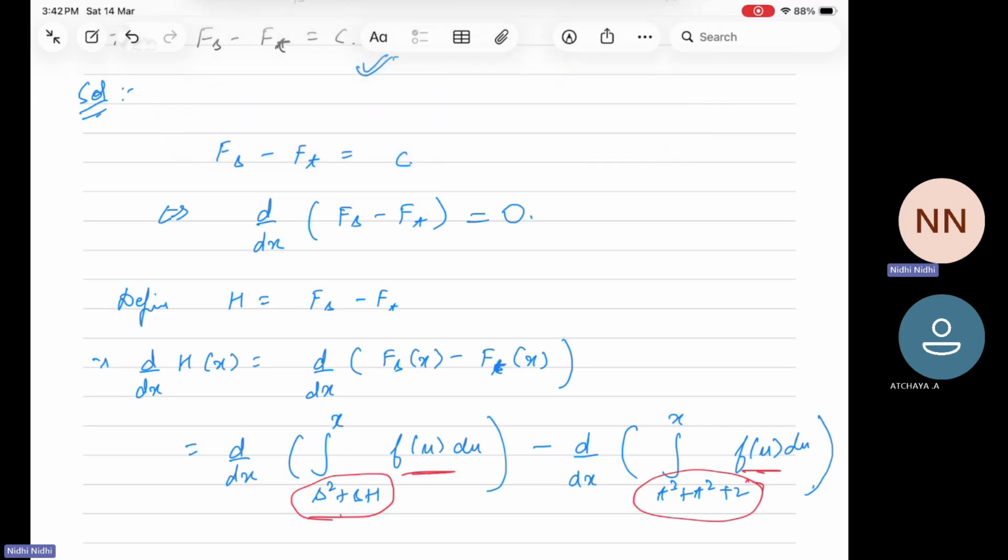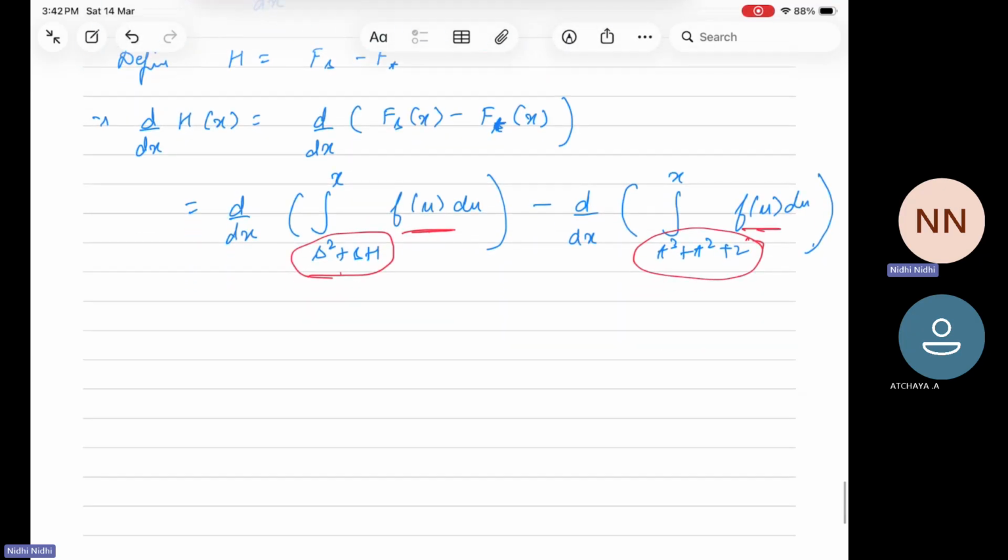So by Leibniz integral rule, this is equal to f(u) replaced by the upper limit, which is just x, multiplied by the derivative of the upper limit. The derivative of x is 1. Minus f(u) replaced by the lower limit, s square plus s plus 1, times the derivative of the lower limit with respect to x. Now this is independent of x, therefore the derivative is 0.